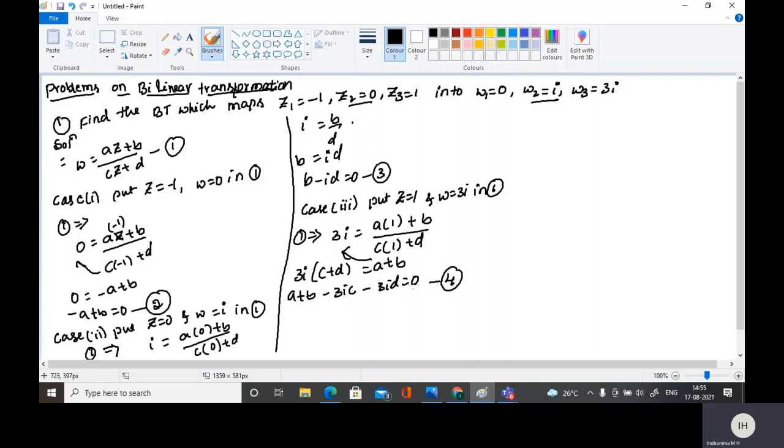Now, which two equations should we consider? If you see equation 2 and 3, a, b is there, b, d is there: a, b and d, only 3 unknowns. Yes.